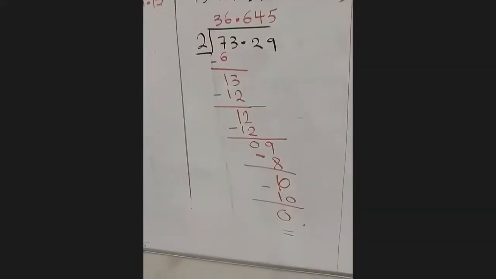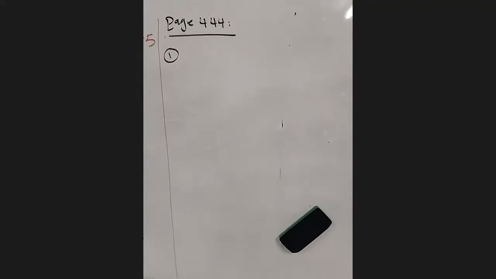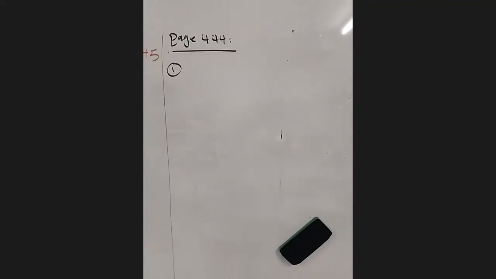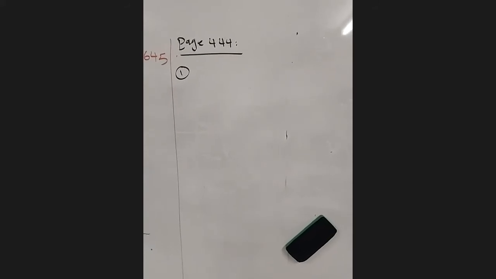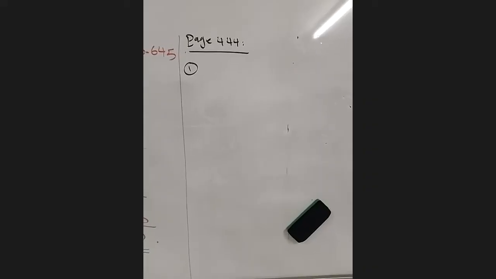Okay. We are on page 443. Do you understand what we did here? Yes. Go to question 1, Ahmed. Read question 1. We are on page 444, guys. All of you go there. Muhammad, we are on page 444.